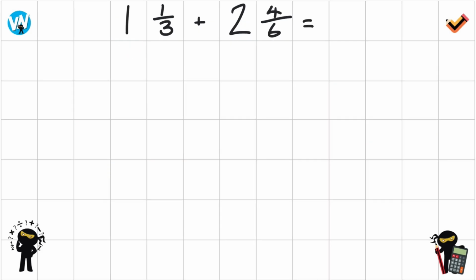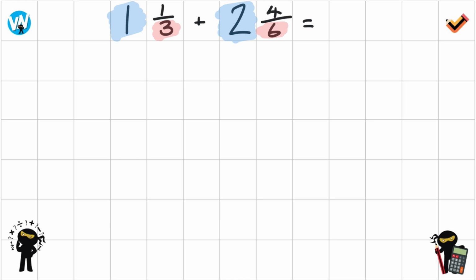So as I said in the last one, whenever we see any sort of fraction question, the main thing that we're looking at is what is the problem, okay? And the problem is our denominators are different, okay? So we do need to get the denominators to a common one. Now, again, what we're going to do to make life easy for ourselves is, because we're adding, we can just add the whole numbers together.